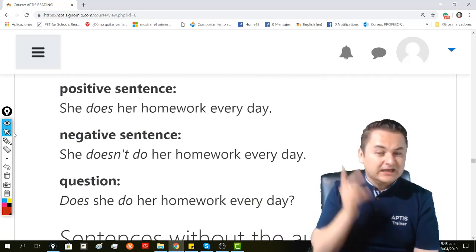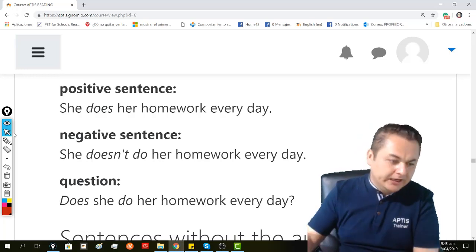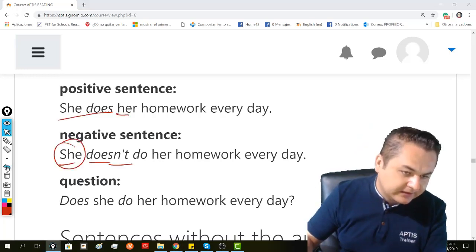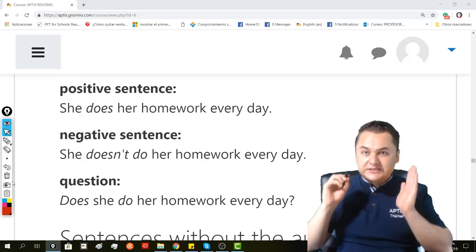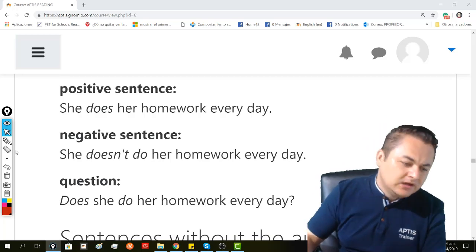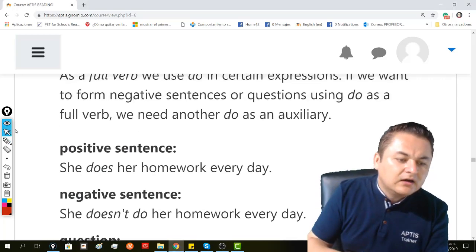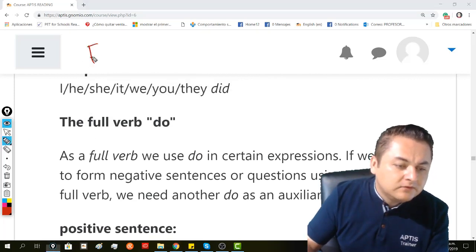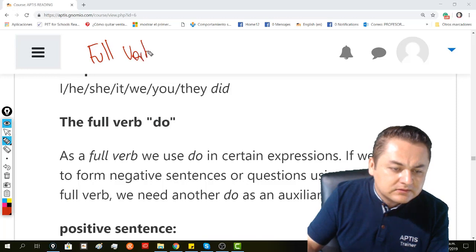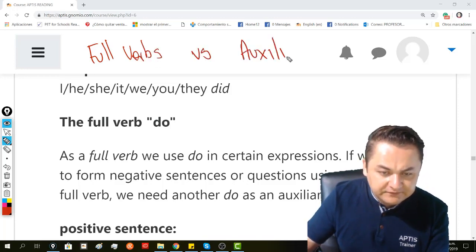Now, the second idea is that you can use the same three verbs that I just mentioned as either full verbs or auxiliary verbs.